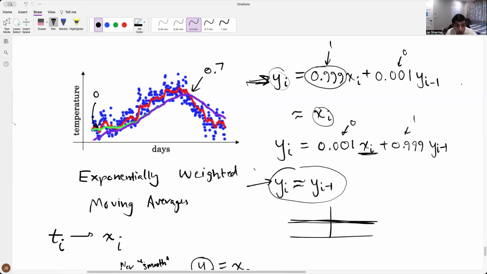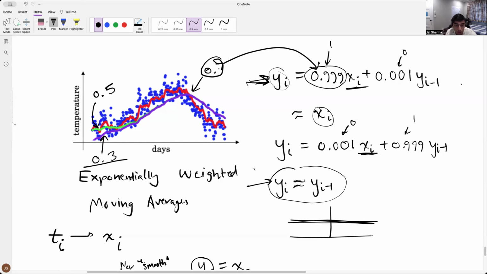So I said 0.7 corresponded to this value, right? That corresponds to xi. So this might correspond to 0.5, right? And then this might correspond to like 0.3 or something like that, which is the furthest away from 1, right?